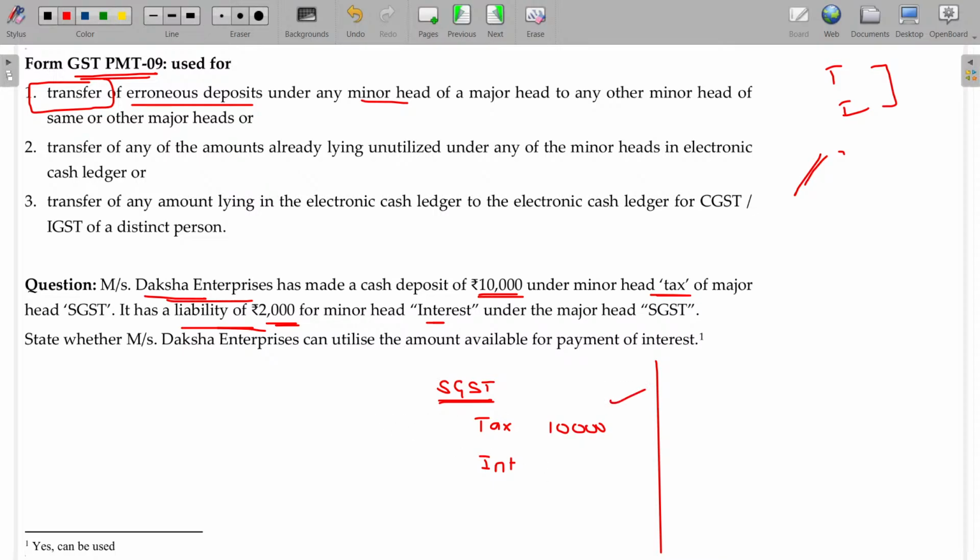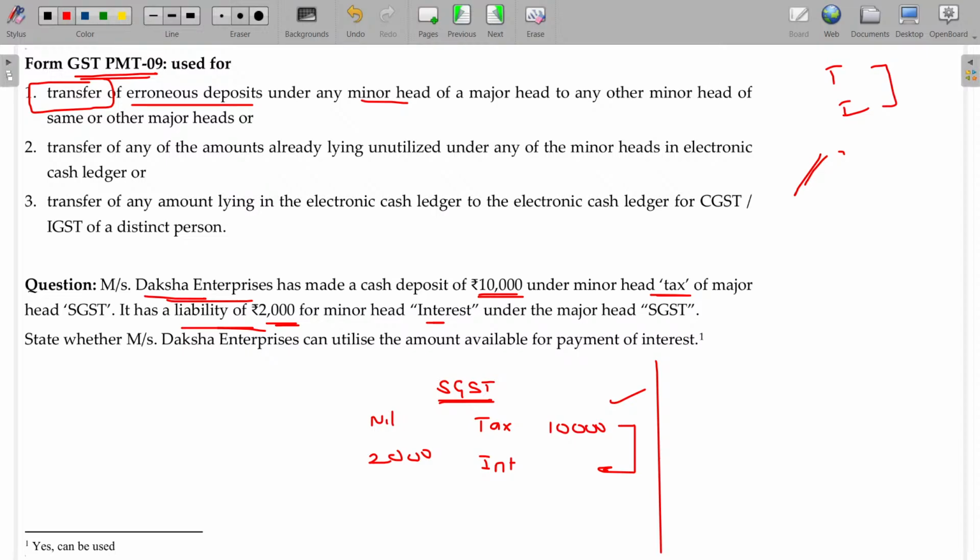So this is the amount deposited, but actually the liability is nil for tax, while 2,000 interest is payable. Wrongly I deposited into the minor head tax. Can I change this from here to here, sir? Yes. What form can you use? The GST PMT-09 form can be used. Is that clear?